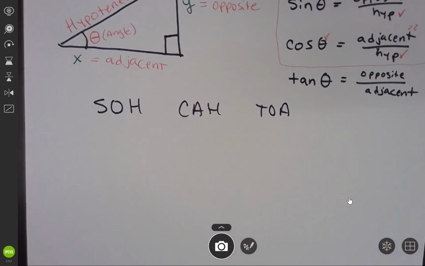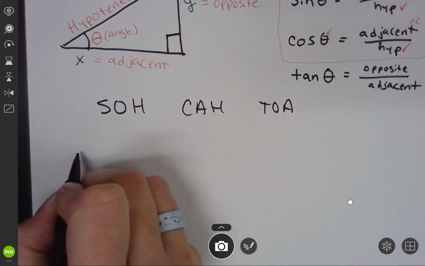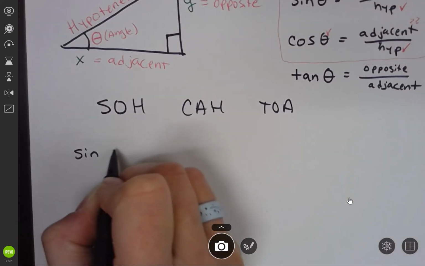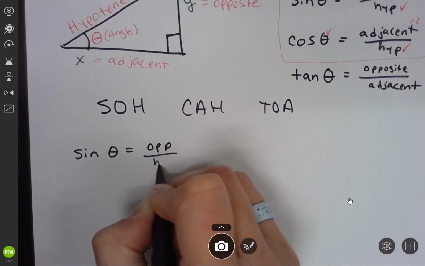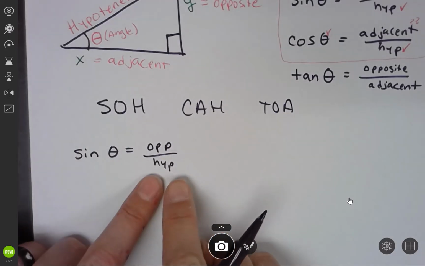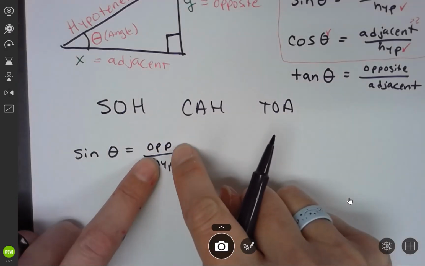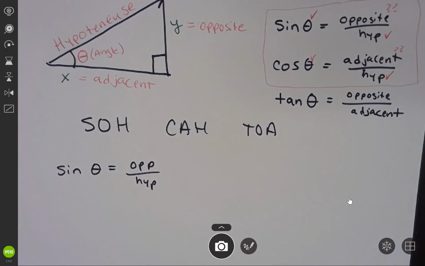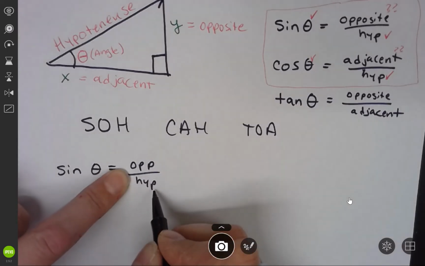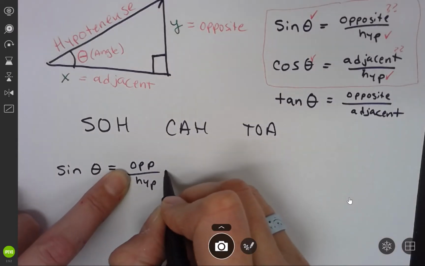So algebra says, if I write this out as a fraction, opposite over hypotenuse, how do I get opposite all by itself? Because that's my unknown. Well, algebra says that if I am taking something and dividing it, to get it by itself, I have to do the opposite.